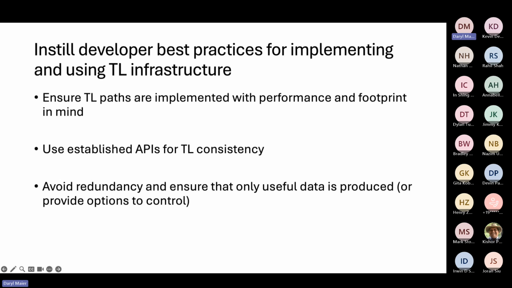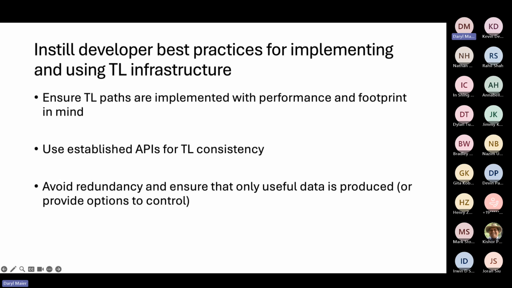And the other thing that I think should happen here is that I'd like to instill some best practices for developers when they are implementing diagnostic features for the code that they're writing, and the way that they use the tracing and logging infrastructure.